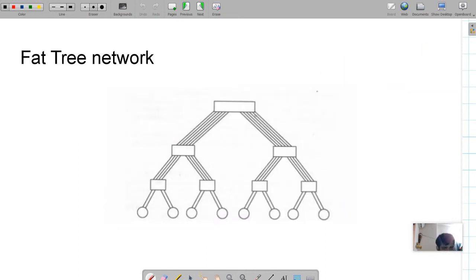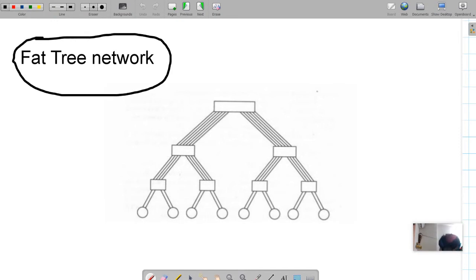To compensate for that problem, fat tree network has been proposed. So one problem with the binary tree is that there can be heavy traffic flow toward the root node. And to solve that problem, fat tree network has been proposed.